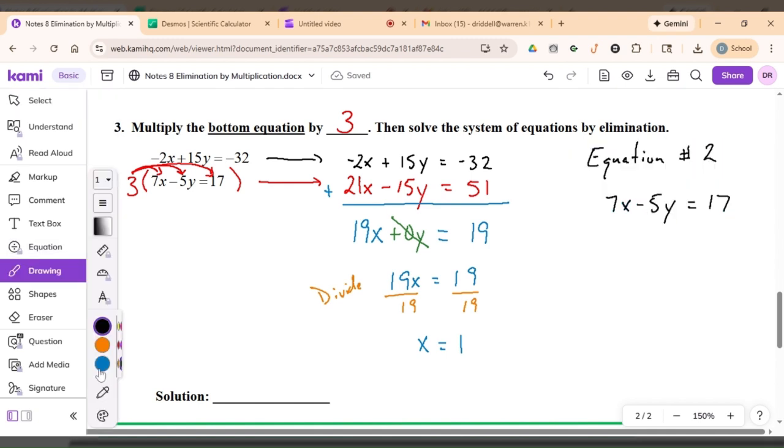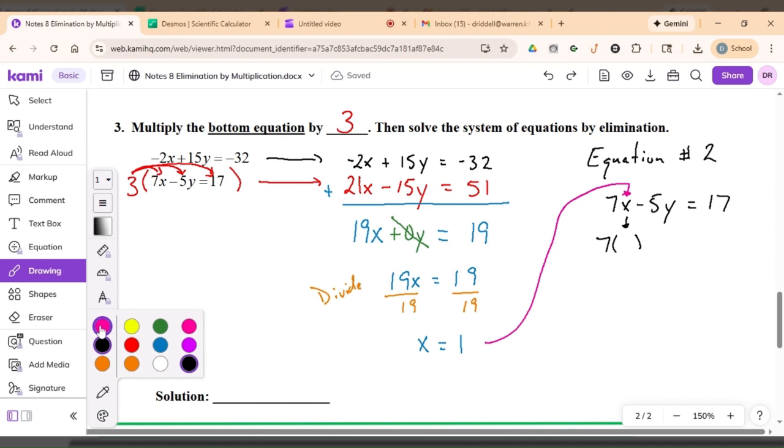For this one, we have x is equal to 1, right? So let's take this x and put that value into this equation. Still has a 7, but instead of putting x after that, we're going to replace that x with the number 1. That's what we figured out it was equal to. So x is 1 right there. After that, we still have a minus 5y, and we have an equals 17.